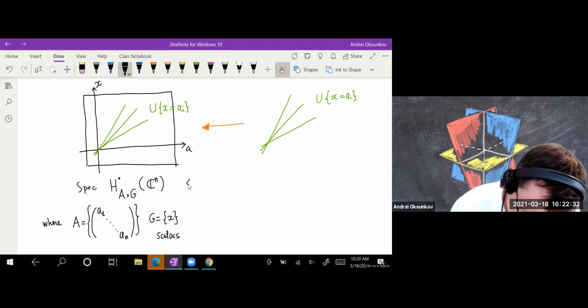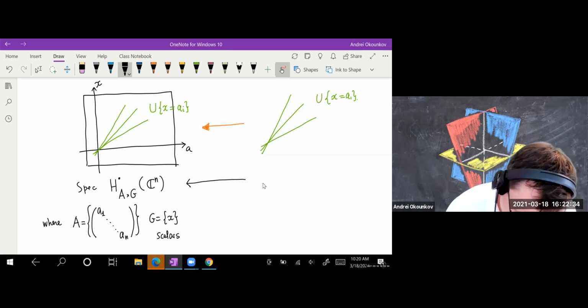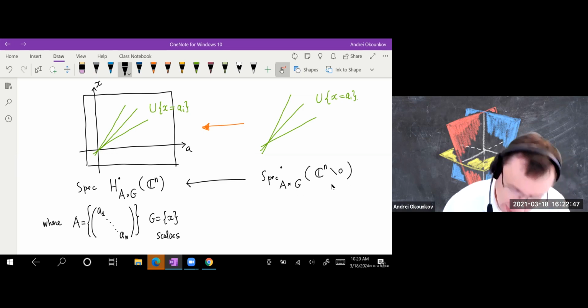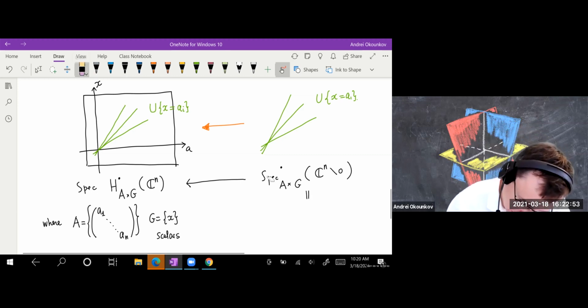And this receives a map from the spectrum of some open set, namely I throw out the 0. And then on this open set, my group G acts freely. So this I can say is the spectrum of equivariant cohomology.